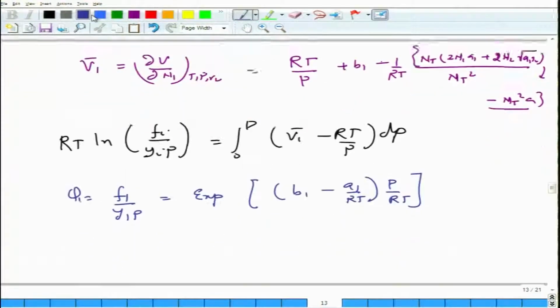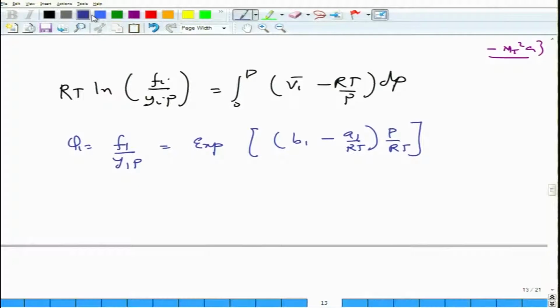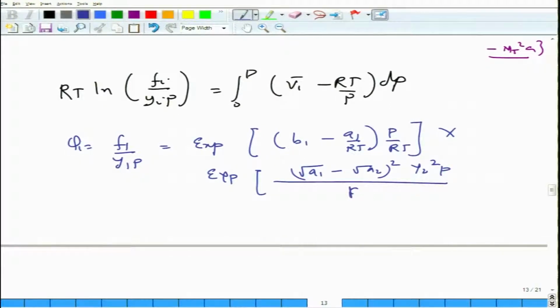So, you got a simplified expression here. This is another term that will come up here, exponential multiplied by (A1 minus A2) squared y2 squared P over RT squared. So, this is the term which you are going to get.